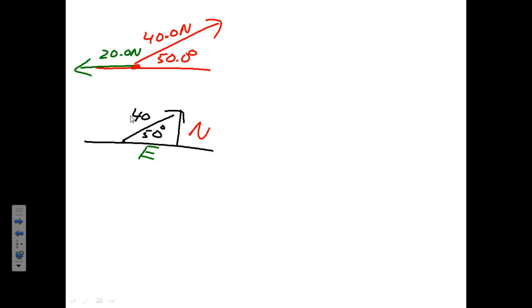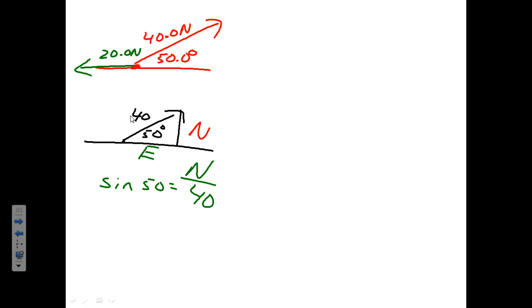All right, so to solve for the north component, what do I need to use? How can I find the end there? Look at my picture. Here, lots of silence out there. How about sine of 50 equals opposite over hypotenuse? That works, right?